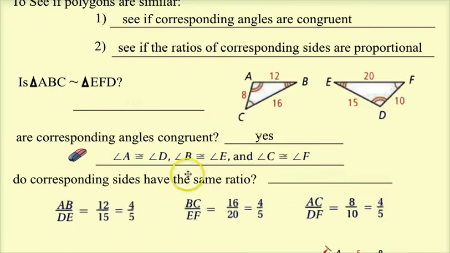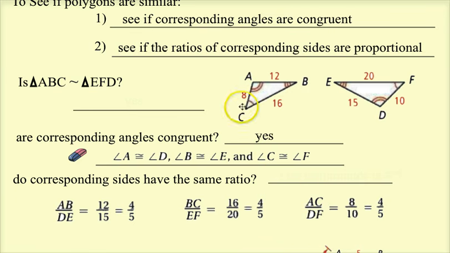Then I have to see if the sides have the same ratio, so I check all the sides. Be careful, AB matches up to DE down here. So I have 12 over 15, which reduces to 4 over 5. BC is the side between angle C and B, and that matches up to EF. So 16 over 20 is 4 over 5.